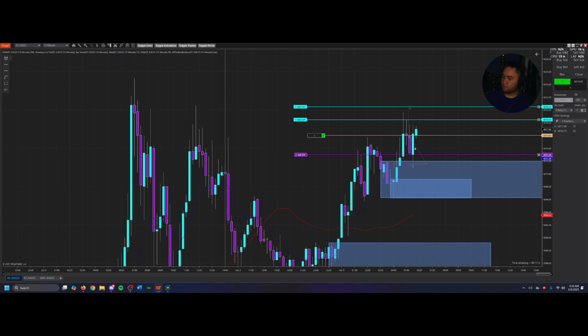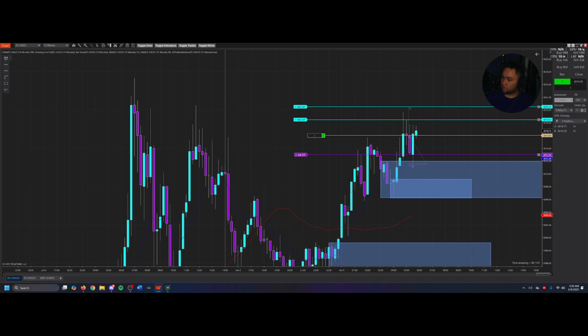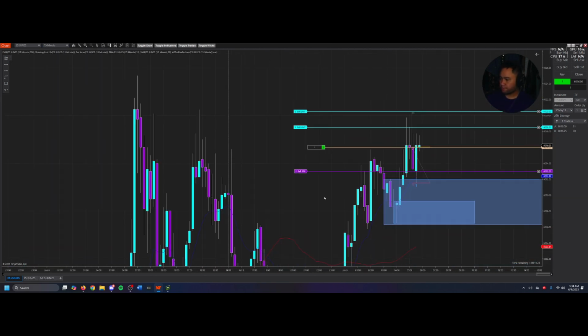15-minute chart, we look pretty good. Fibonacci sticks, candlesticks, we look pretty good too. It's just moving really slow. I don't like all this back and forth. I wish it would just blast up. Come on now.